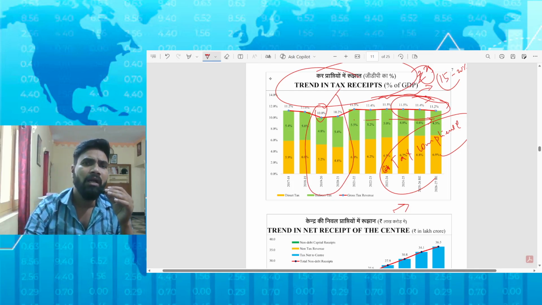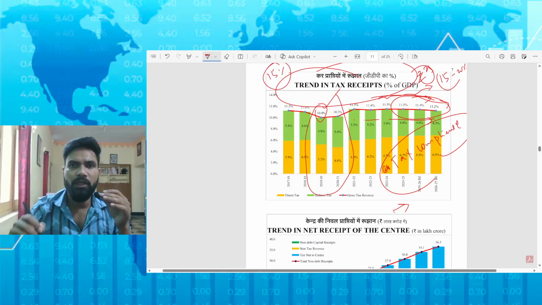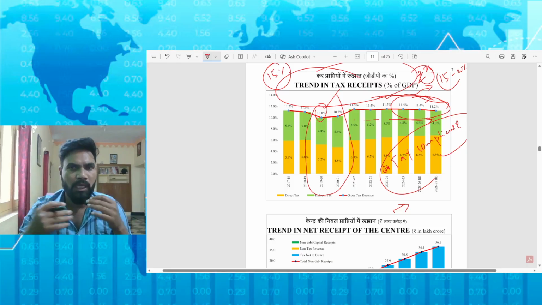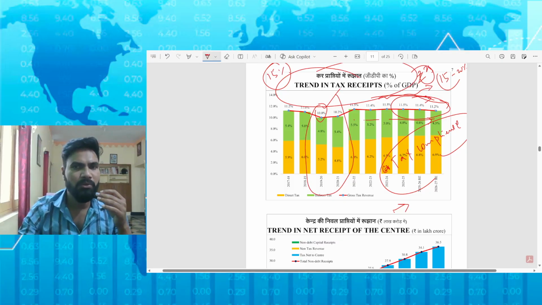Ideally, in our country, we can actually collect tax up to 15% of GDP. We can do that. Even if we achieve that, I think we will have a lot of money that we can spend on social security measures, like maybe towards education, maybe towards creating infrastructure, etc. Let's see if the government will work towards that.